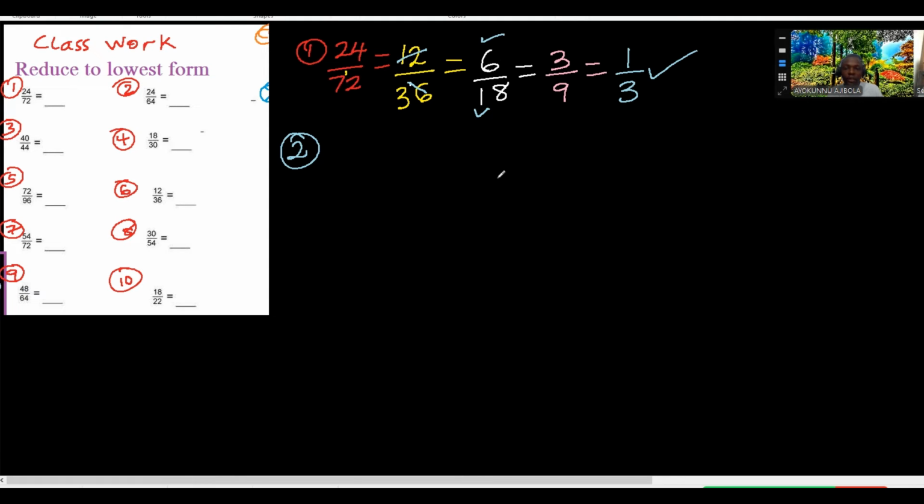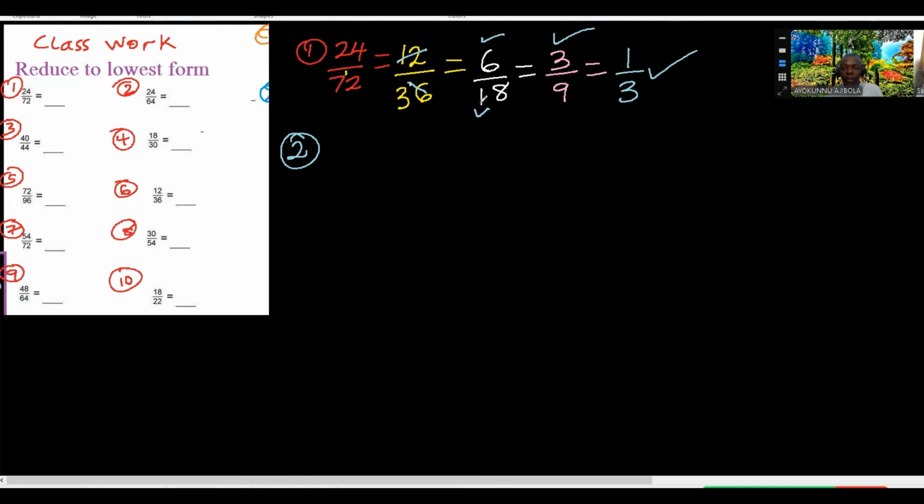Count 6 and check how many 2s there are. 3. Can you see the 3?